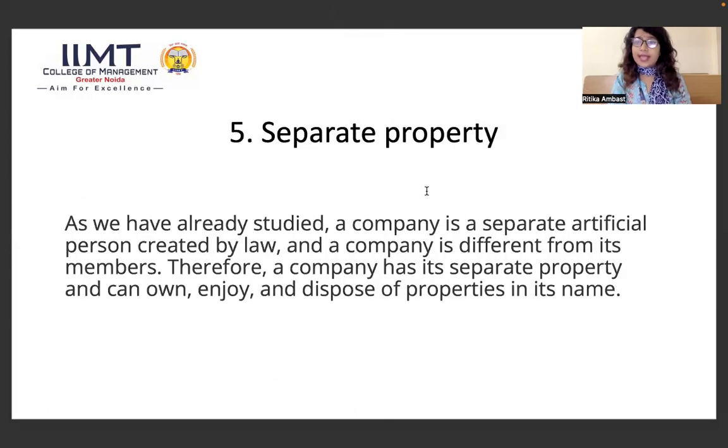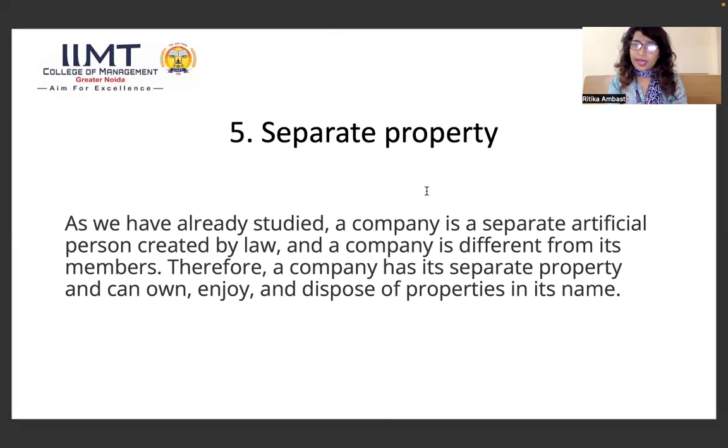The next feature is separate property. What do we mean by separate property here? As we know, the company is a separate artificial person created by law, and the company is different from its owner.